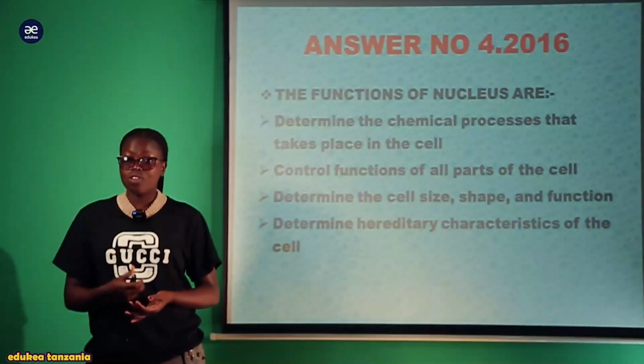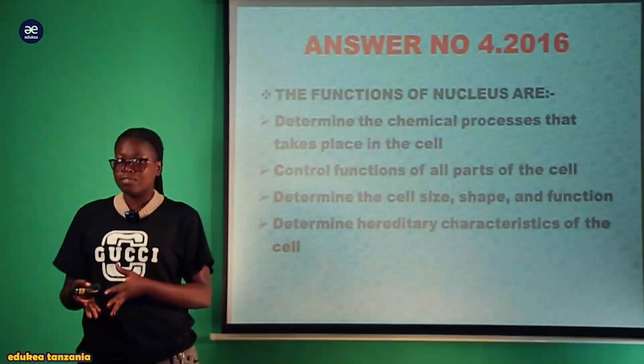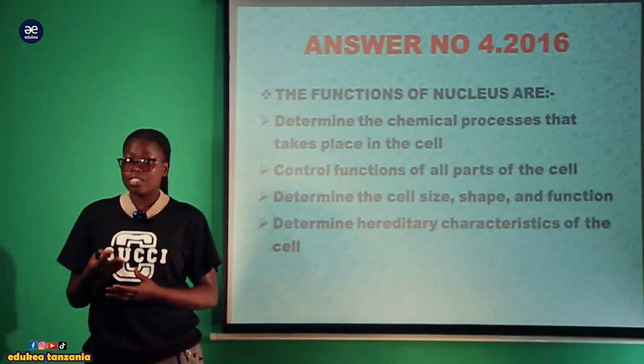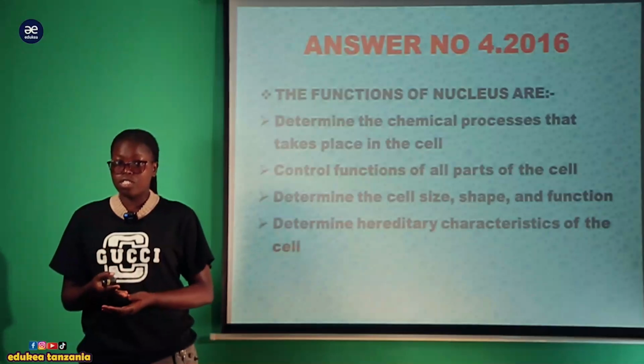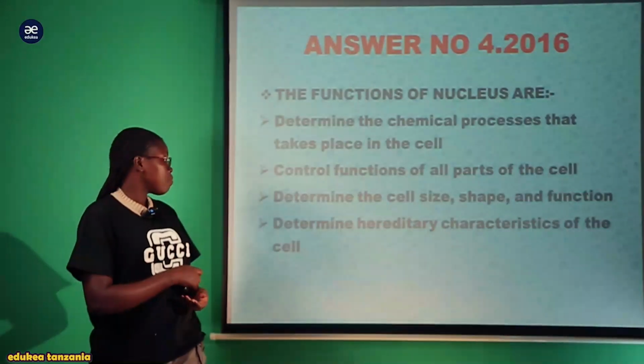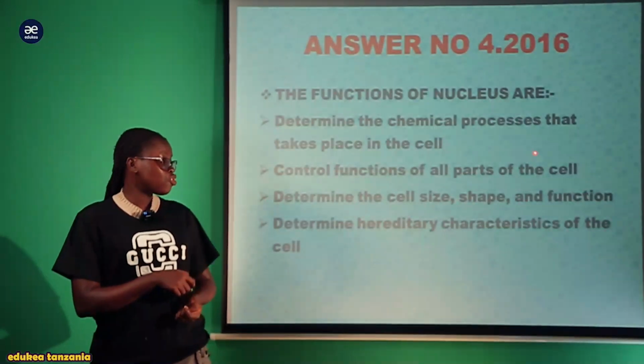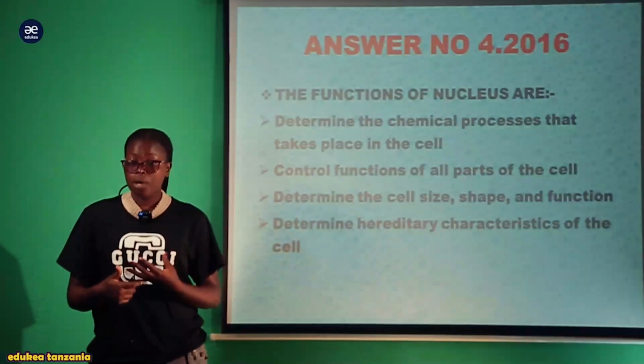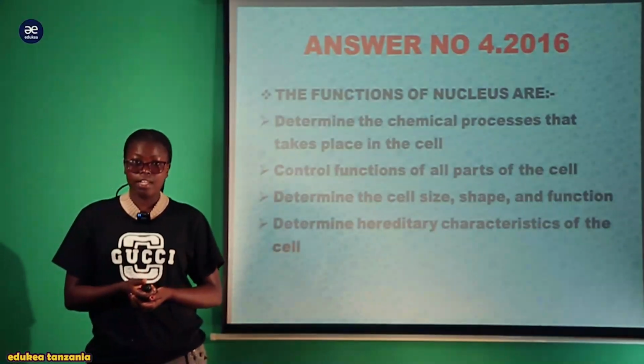The nucleus controls all functions or activities of the cell. In other terms, we can say that the nucleus is the engine of the cell. Also, it determines the size, shape, and function of a particular cell.